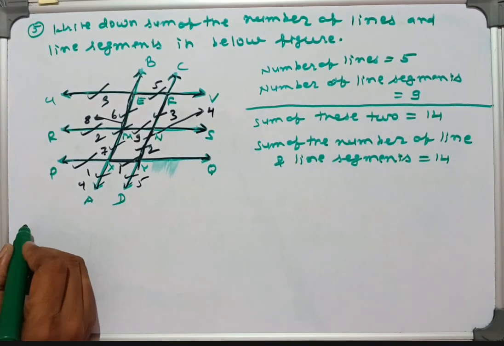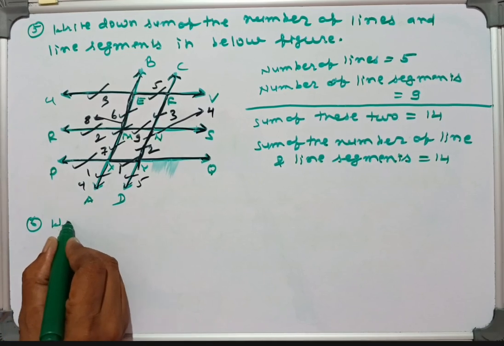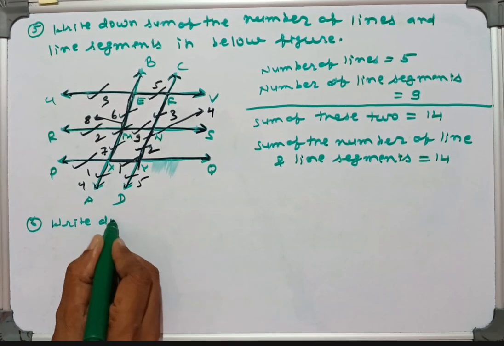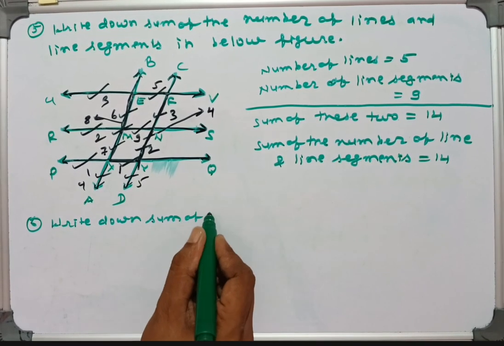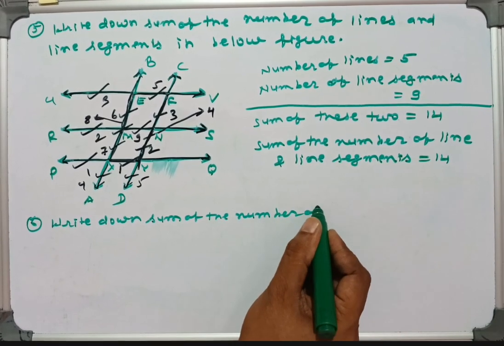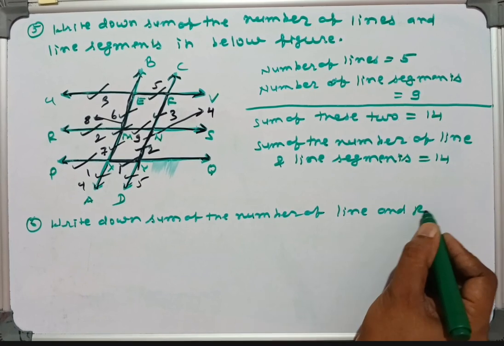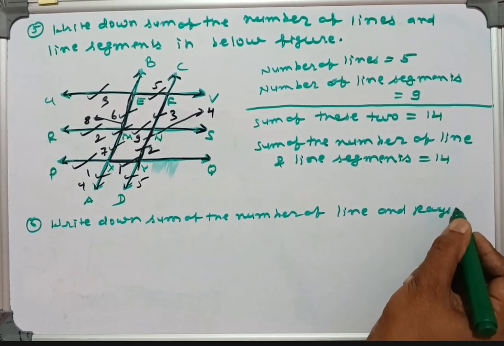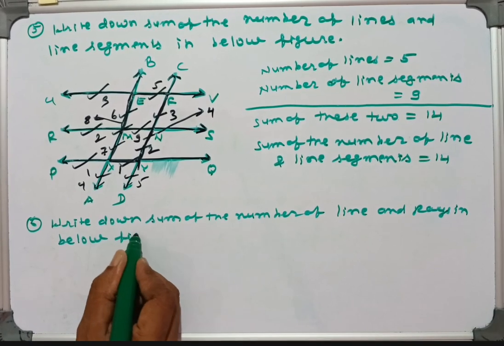Now take another example, 6.1. Write down the sum of the number of lines and rays in the below figure.